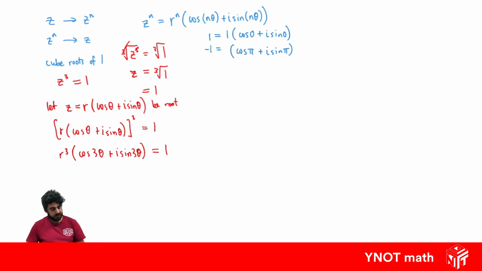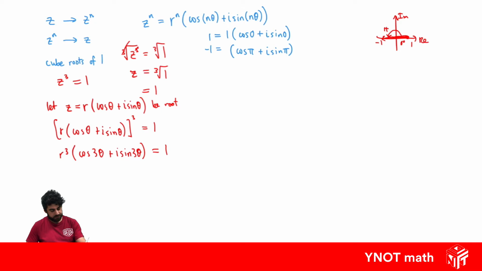Hopefully this makes sense, because on an Argand diagram, if you want to be at the point 1 on the real axis, you'd have to have an angle of 0. And if you want to be at the point minus 1, you need an angle of pi. Now, let's go ahead and change our 1 using this.